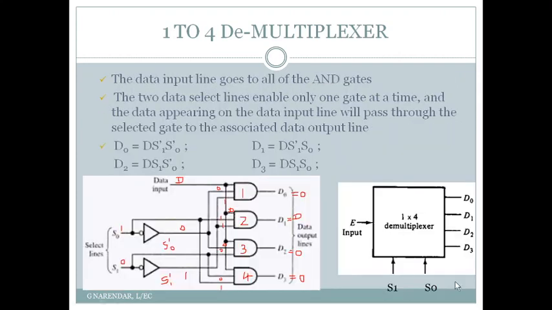There we have seen the symbolic representation of the 1 to 4 demultiplexer with one data input and 4 data outputs, and to select one of the four data outputs, we required two selection inputs.